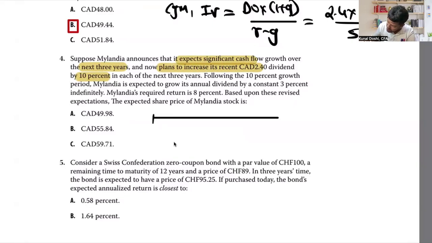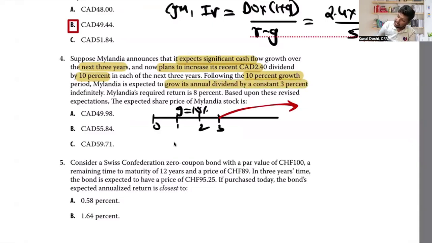So guys, for the next 1, 2, 3 years, the company is saying that the dividend will grow at 10% till the 3rd year. And what happens after the 3rd year? Following 10% growth, the company is expecting to grow annual dividend by a constant rate of 3% indefinitely. So after the 3rd year, the growth will become 3%.